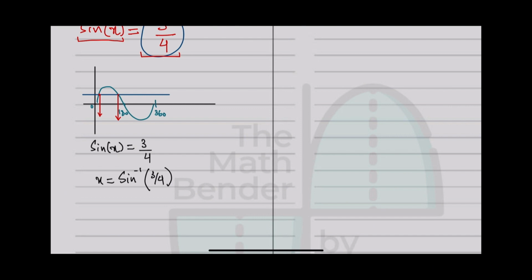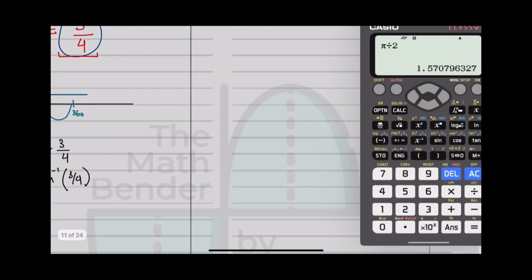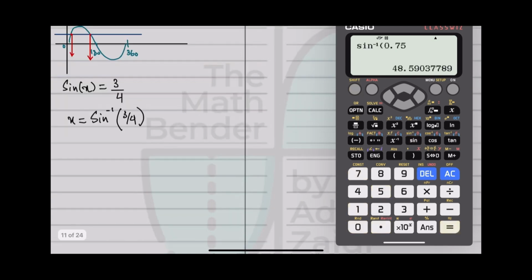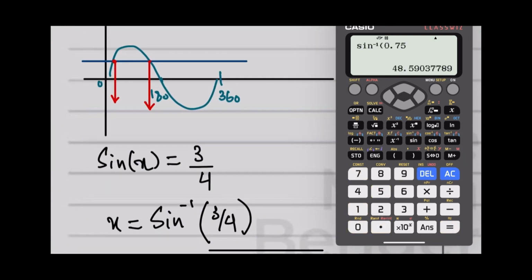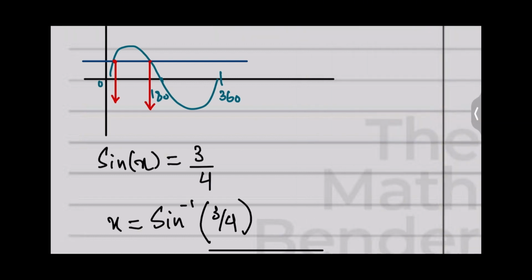So finding the value, this gives you 48.6. So 48.6 is going to be, writing down somewhere here, the first point of intersection. 48.6 is also here.